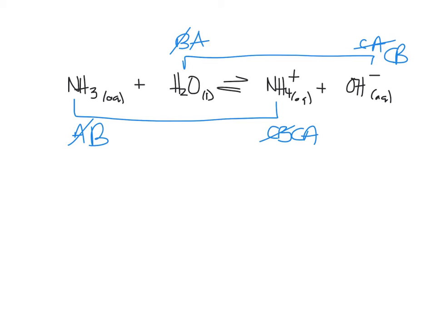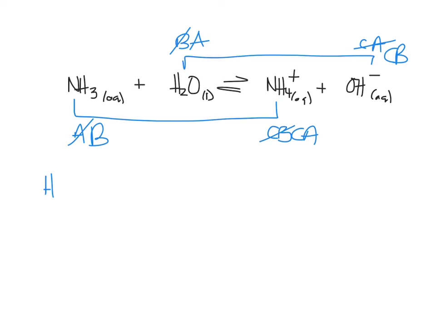Okay, so it says, what would be the conjugate acid for the following? So if we're looking for a conjugate acid, what are they acting as? They're the bases, right? So these are bases, so we're looking for the conjugate acid. What does a base do?